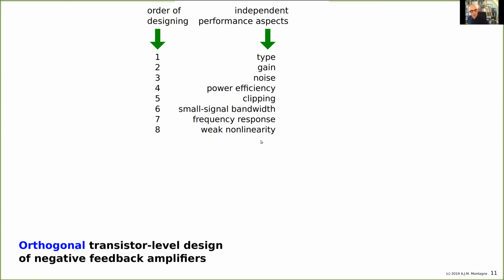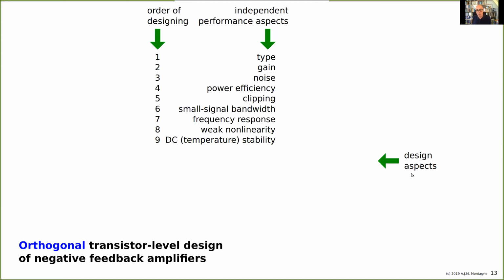This is mainly because we cannot check the performance of an amplifier if it is unstable. So we must have the correct frequency response before we are going to do something about investigating nonlinearity. Then the temperature stability, we have means to correct it, so that can be at one of the latest points.